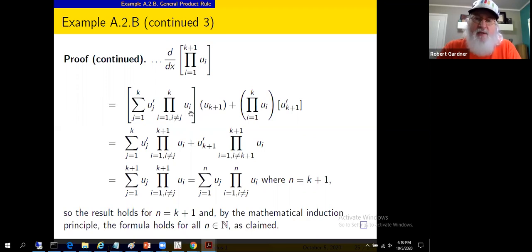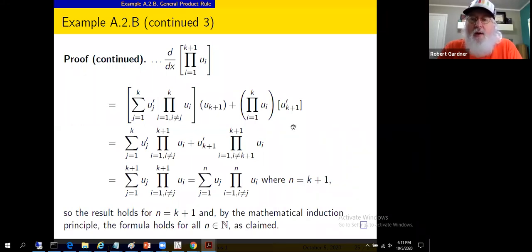We've done some things like this with summations. We're still avoiding i equals j, so this absorbs that u sub k plus 1 into this summation. So it gets absorbed here. The index went up by 1 to take care of the u sub k plus 1.